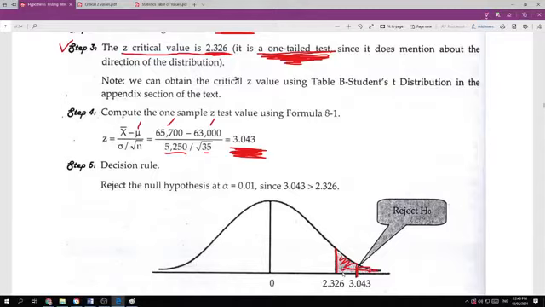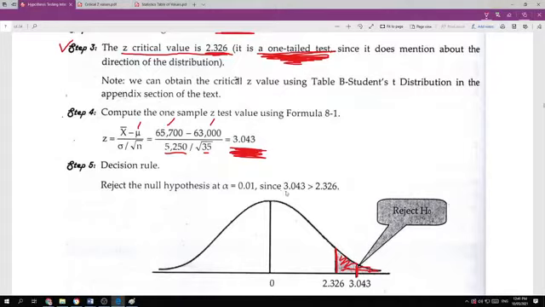So, unsa ang pasabot kung naa siya sa shaded region, are you gonna reject HO or fail to reject HO? Katong discussion nato last time. Basta naa siya sa shaded region, mao na ang rejection region. Okay, there you go. We will be rejecting the null hypothesis. So, take note of that.